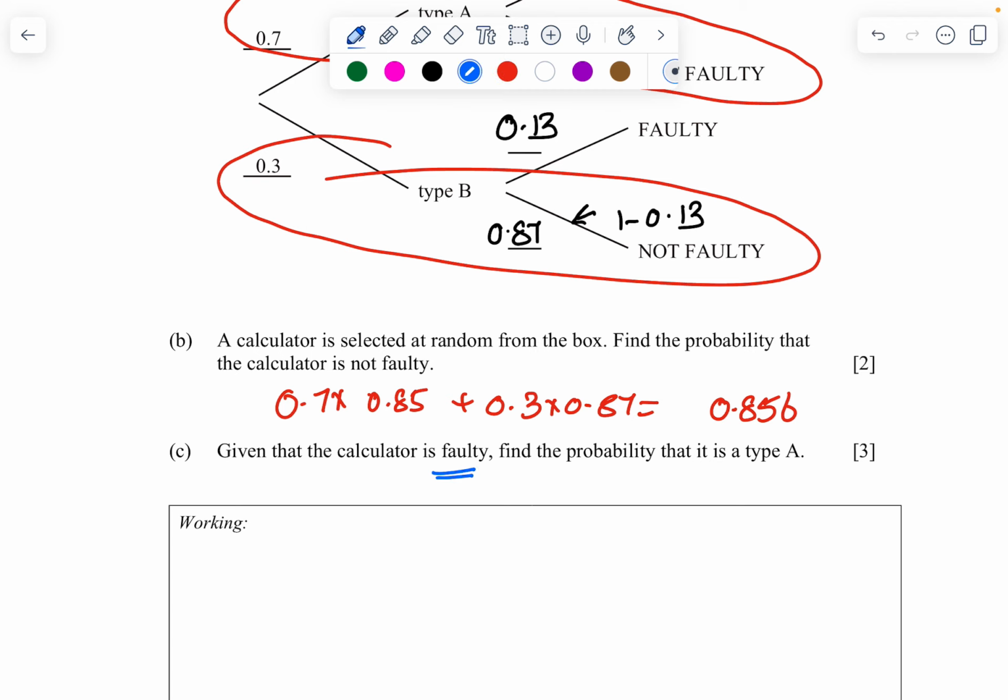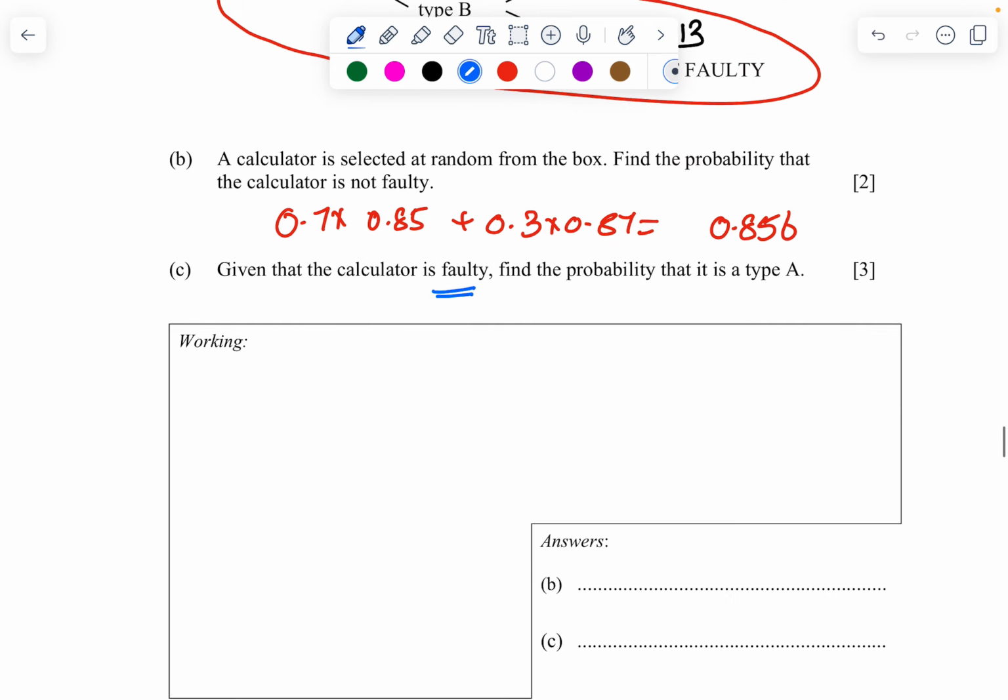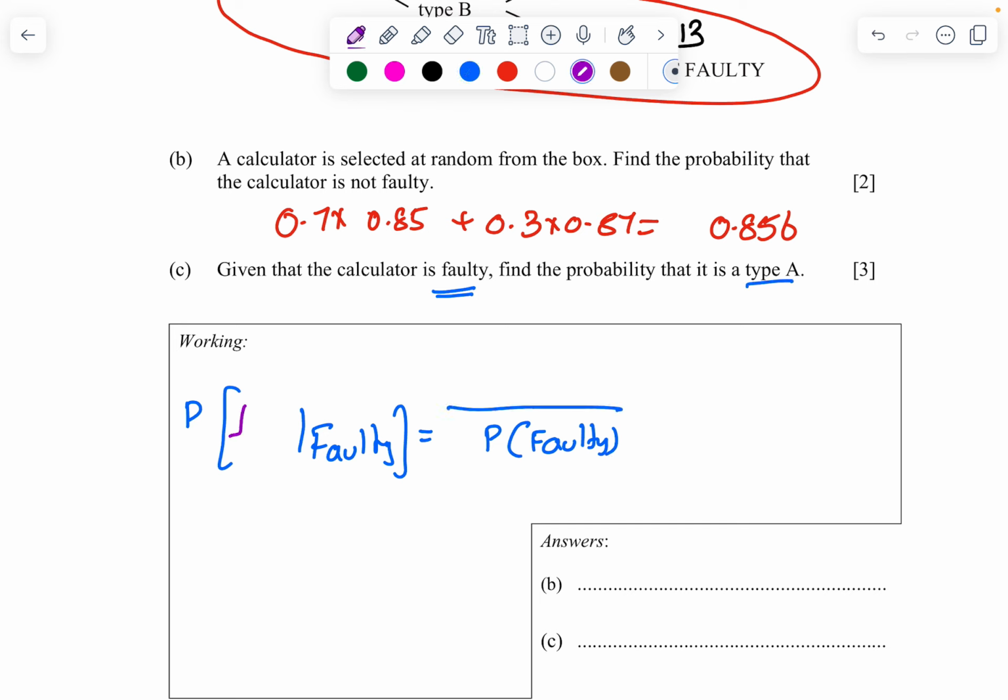Given that the calculator is faulty, so probability of type A given that it is faulty. The probability of faulty should be in the denominator. Then it is type A, so the numerator is the probability of A and faulty. So first of all, write it out in the denominator.